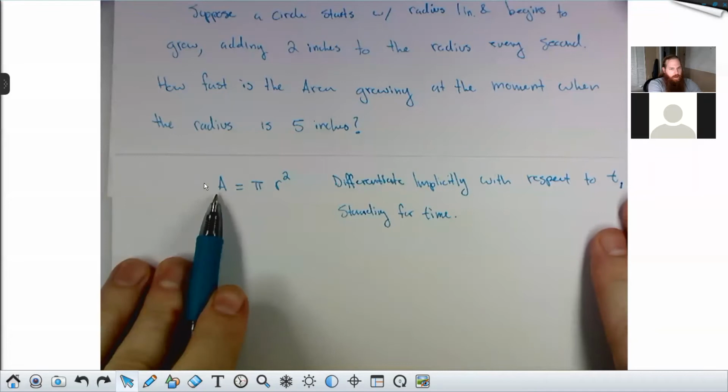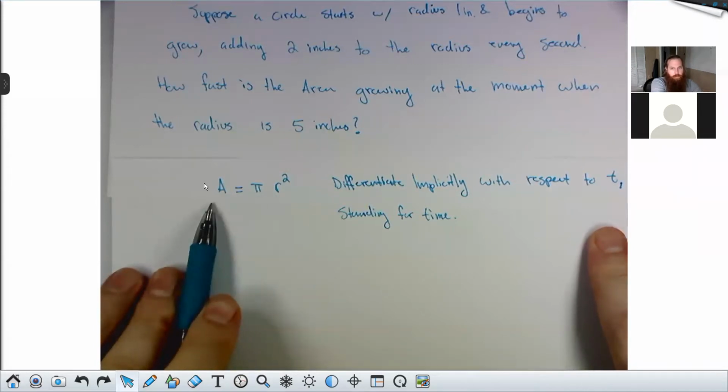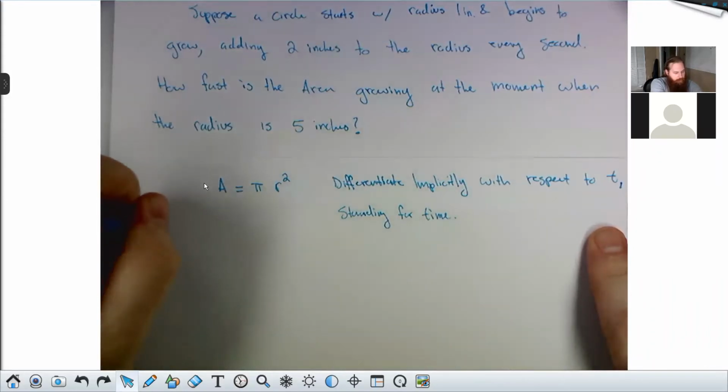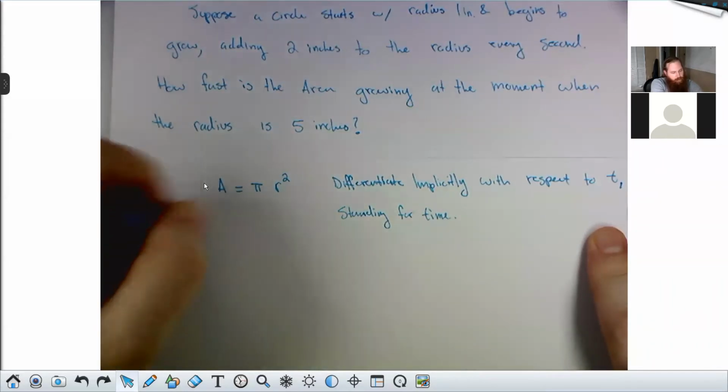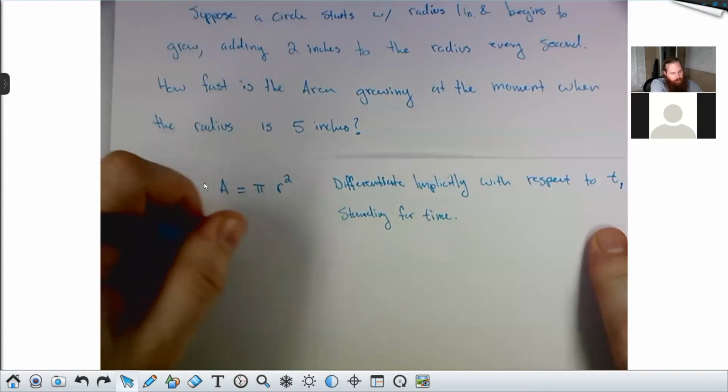So the idea is that A is a function of time, t, and r is a function of time, t. So when I differentiate on both sides with respect to t, I'm differentiating implicitly. So I slap d dt on both sides.